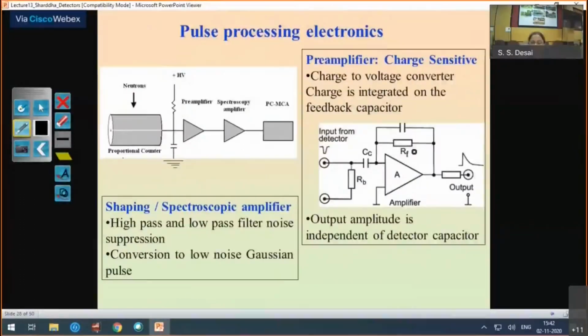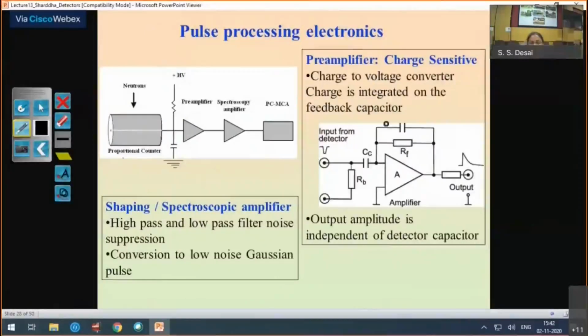This takes care of the noise constraint, and the charge integrated on the feedback capacitor flows through this RF so that your pulse is amplified, and it has a finite time during which your detector is dead to a second incident neutron pulse.